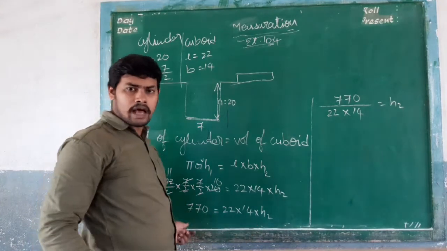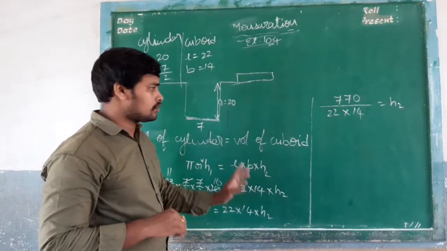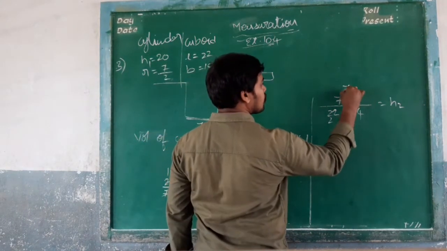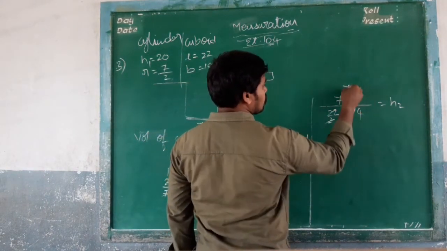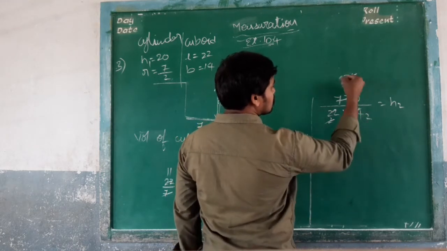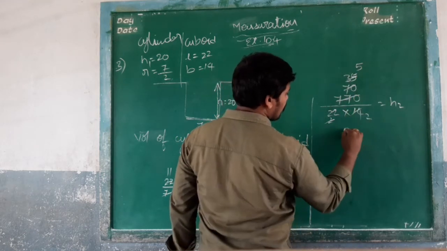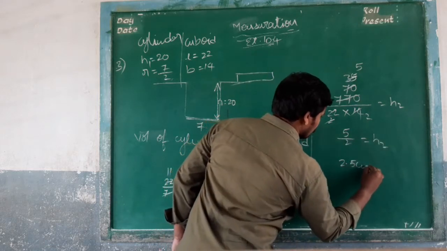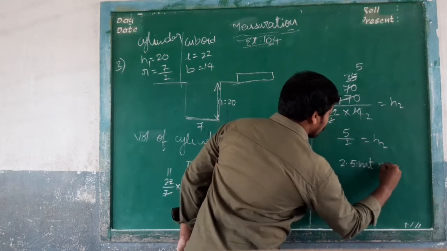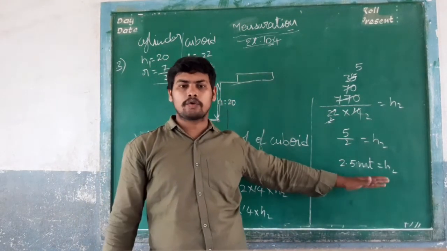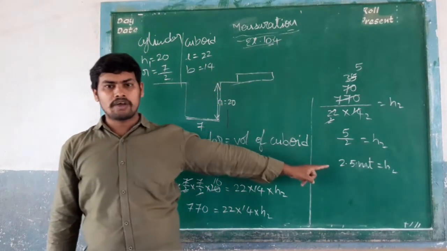When it moves from the LHS to the RHS, they are divided. 11 twos, 11 sevens, 2 fives are 10, 7 twos, 7 fives, so 5 by 2, that equals 2.5 meters. Height of the platform, nothing but cuboid, is 2.5 meters.